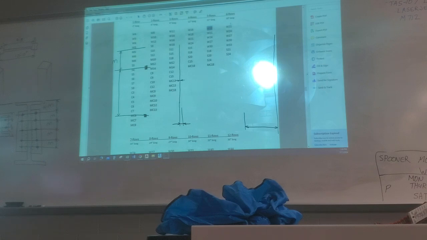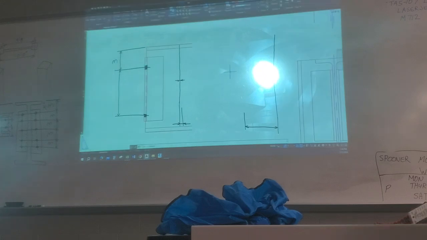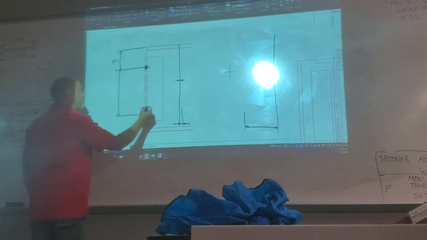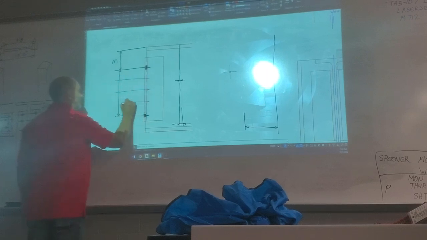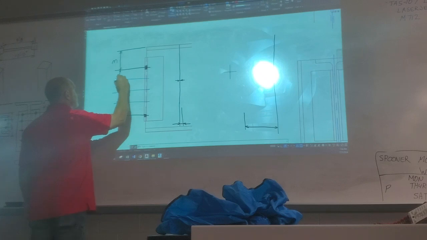Let me look at the next one. No W18, so that one has 5 rows. So you're gonna say, well, Mr. P gave me 1 row, 2 rows, 3 rows, 4 rows, 5 rows. What's our distance between these? 3 inches every time.